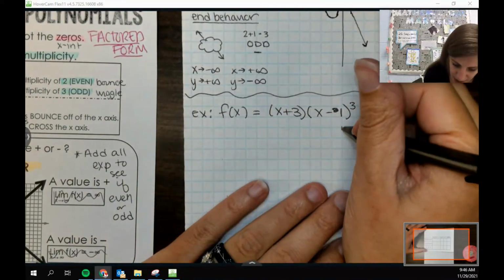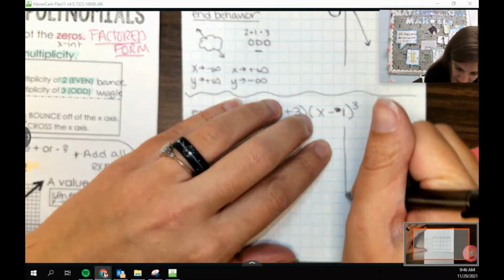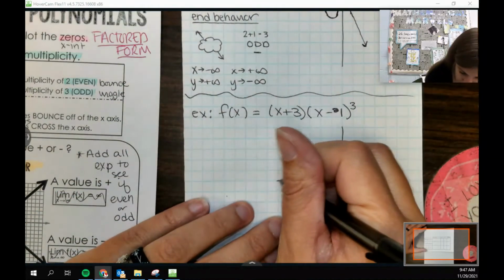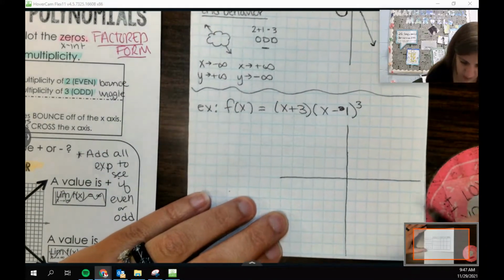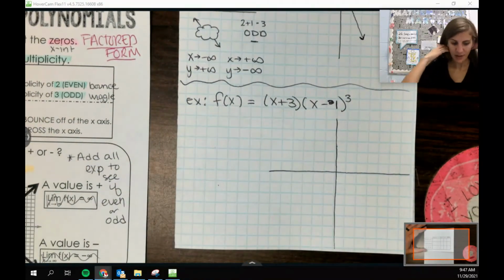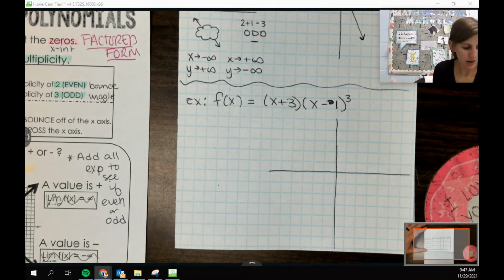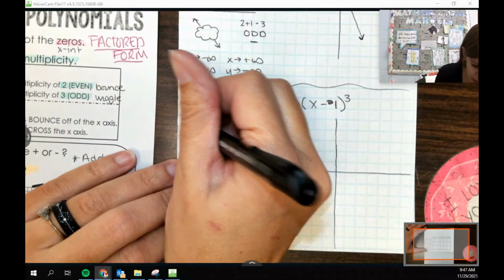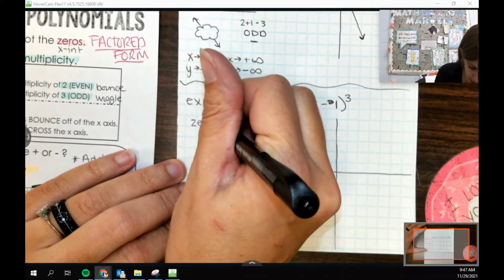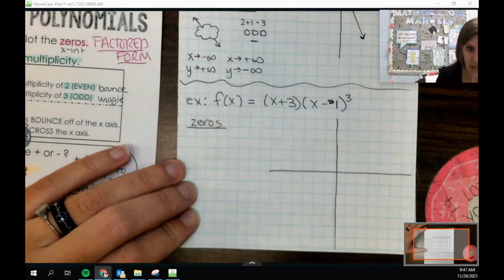Okay, let's get our x and y axis going. And then let's think about the things. Okay, so the first thing that I want to think about are our zeros, aka our x-intercepts.